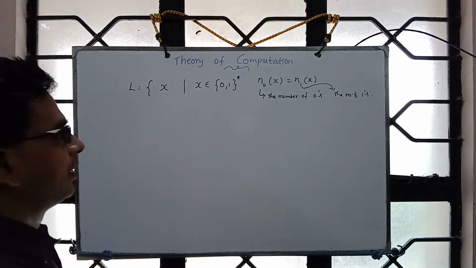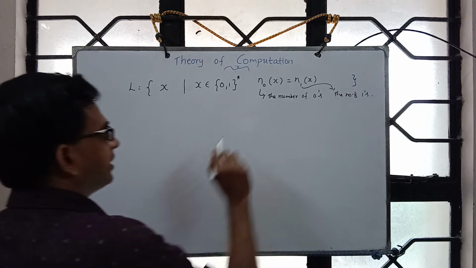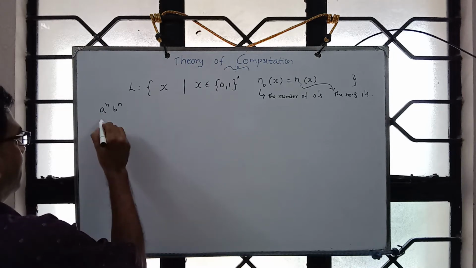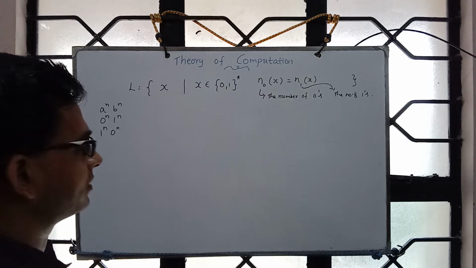We have already seen the special cases of this, which are a^n b^n, or 0^n 1^n, or 1^n 0^n, things like this.